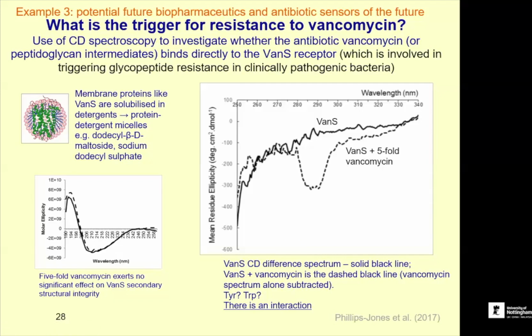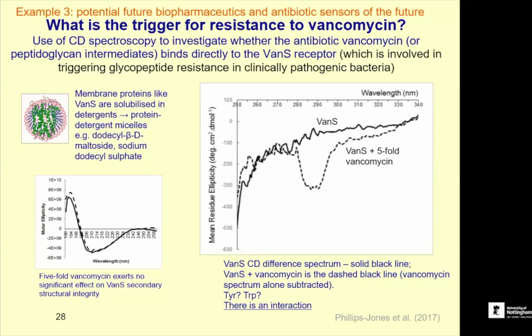You might say, well, vancomycin is very aromatic, this could just reflect the vancomycin here. Does anyone know what the answer to that is and why I would say no, this is a good experiment? Because this is what's known as a difference spectrum. So in the coursework, look out for whether people are presenting their data as difference spectra.